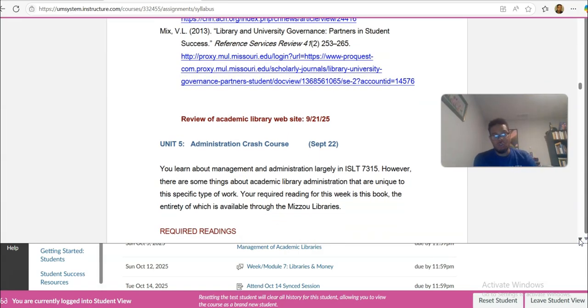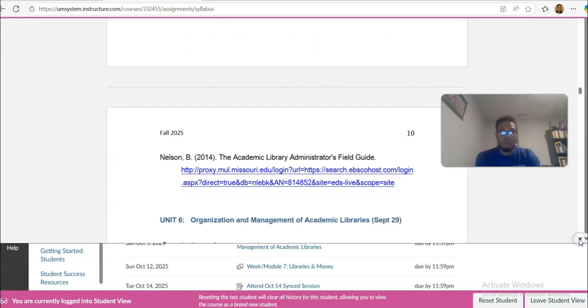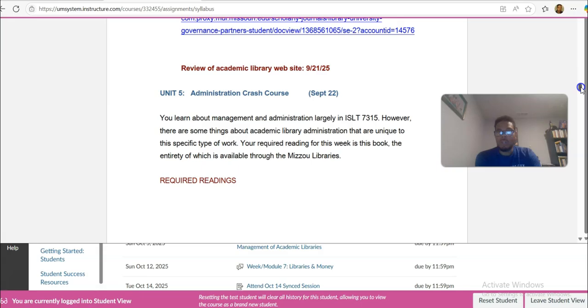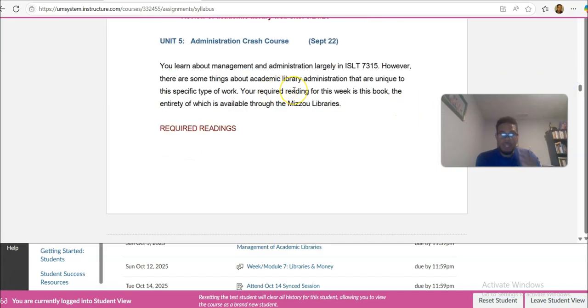Administration crash course, so you will have one specific reading there, and that's going to be the Academic Library Administrator's Field Guide. That is going to be a good introduction to all of the concepts and things that you are going to encounter within academic libraries. It's a crash course.